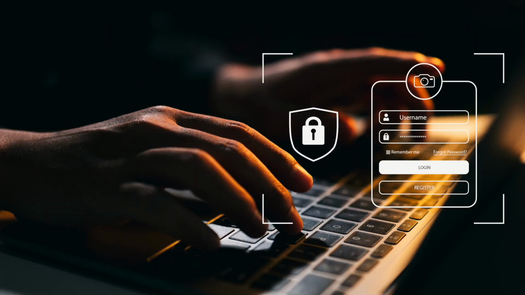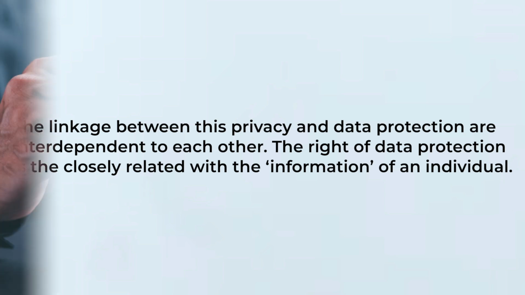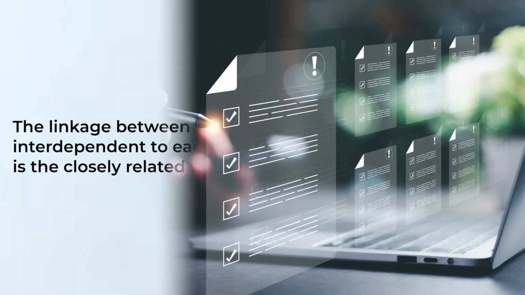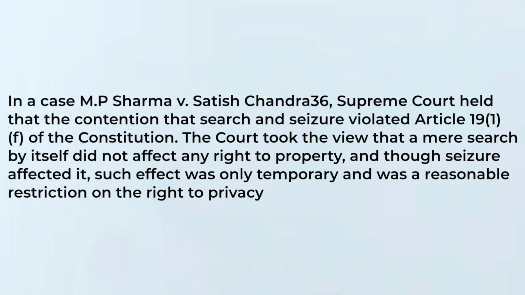The right of data protection is closely related to the information of an individual. In the case of MP Sharma versus Satish Chandra, the Supreme Court held, on the contention that search and seizure violated Article 19(1)(a) of the Constitution, that a mere search by itself did not affect any right to property, though seizure affected it.